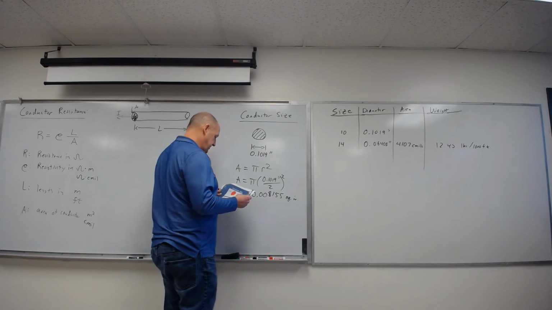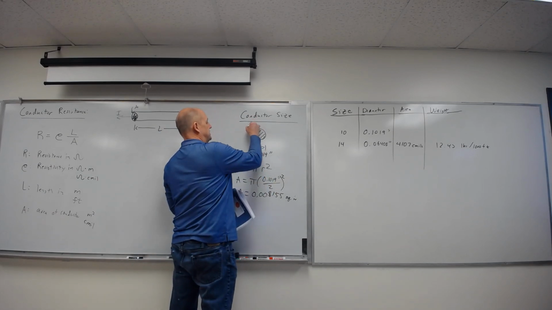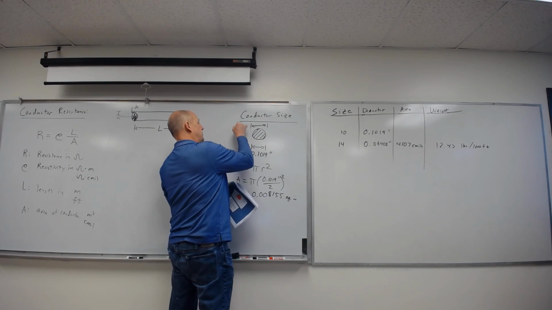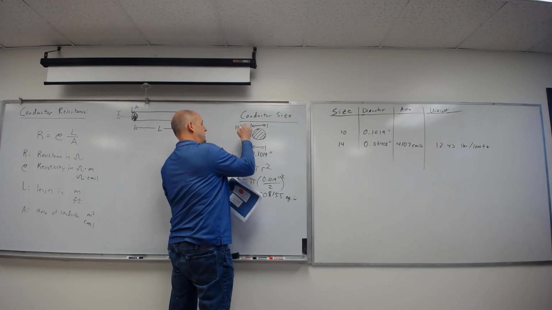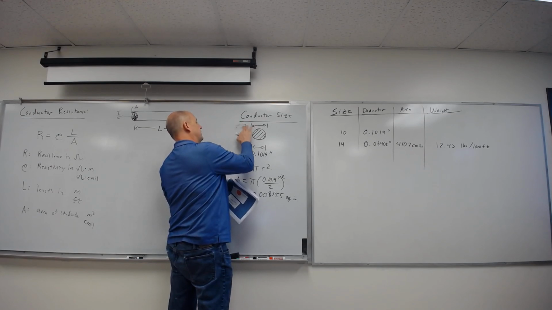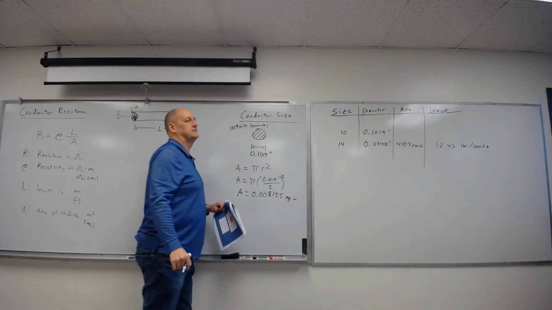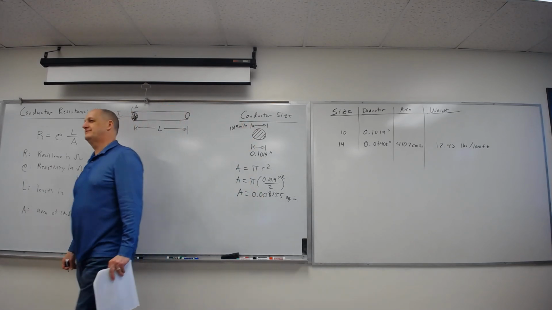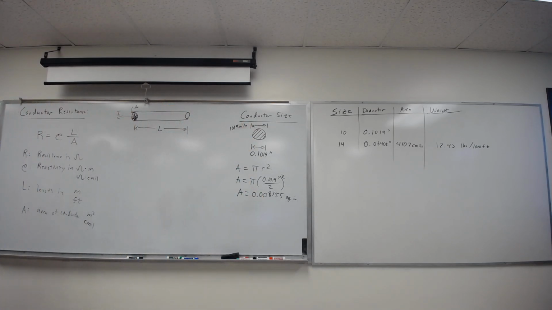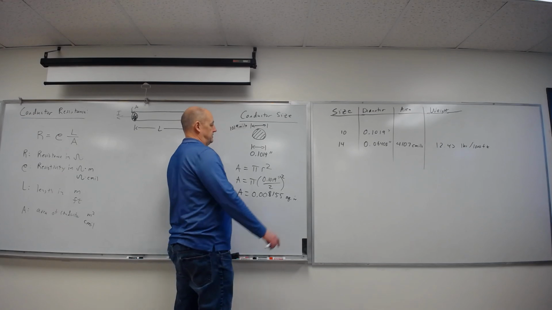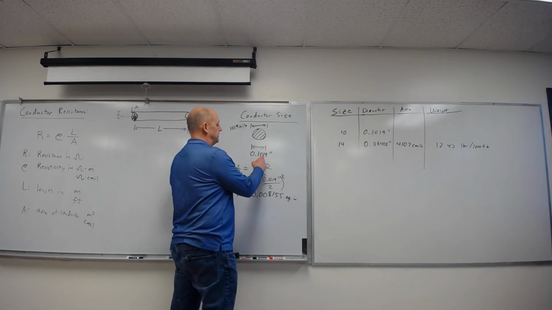So what I'm going to do is I'm going to come back in and go across this and measure it and say, okay, you know what? This is 101.9 mils. Okay, a mil is a thousandth of an inch, right?